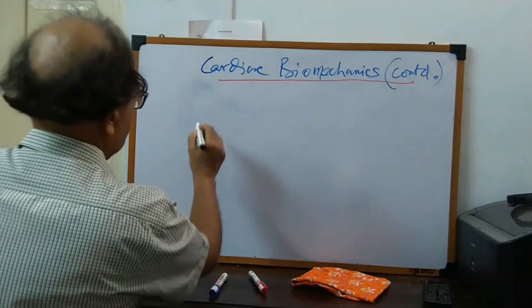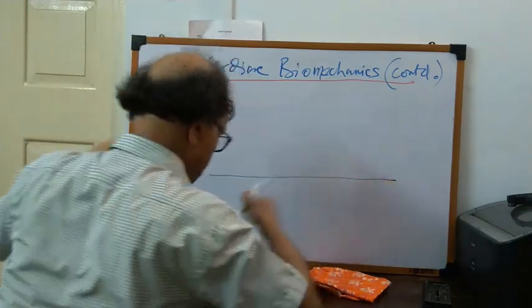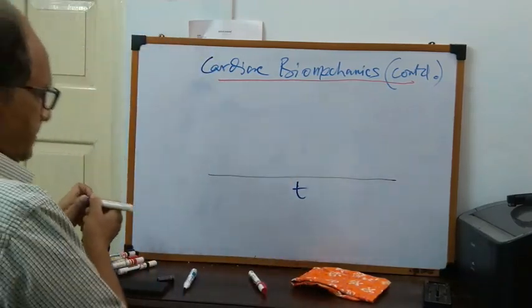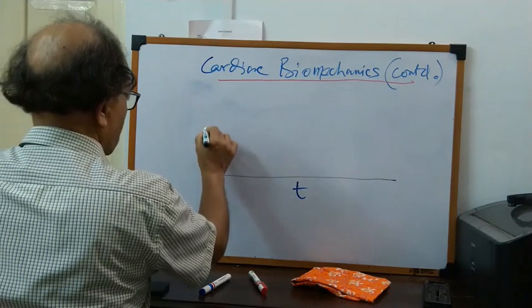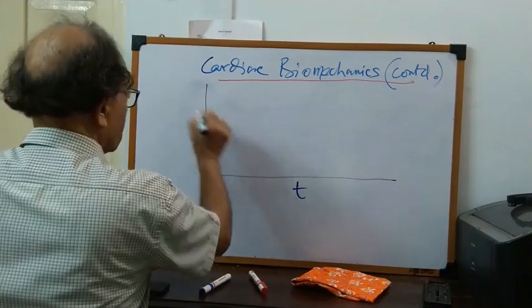If we draw like that, this is the time, and suppose there are two scales, this is one scale and this is another scale.